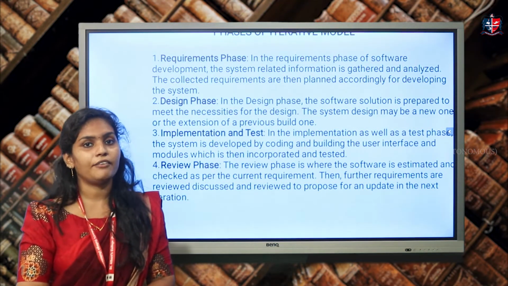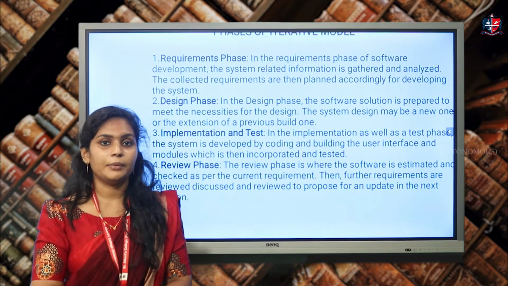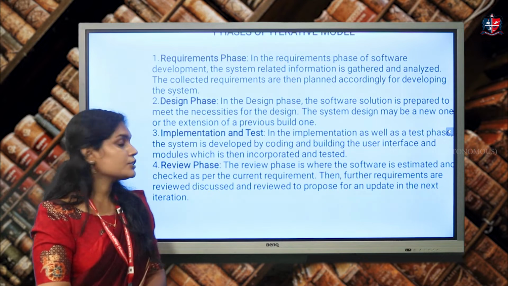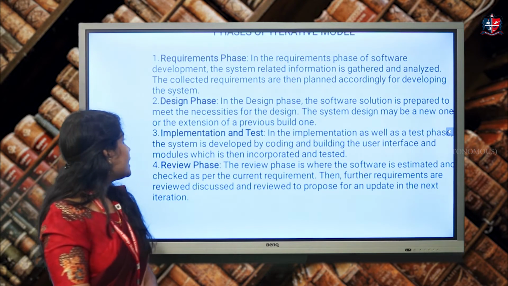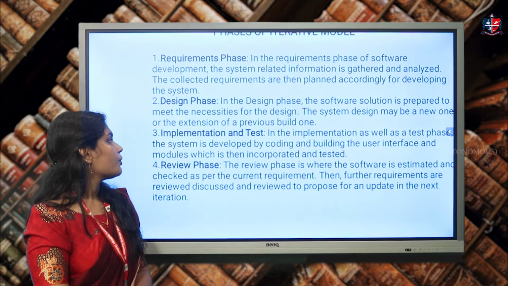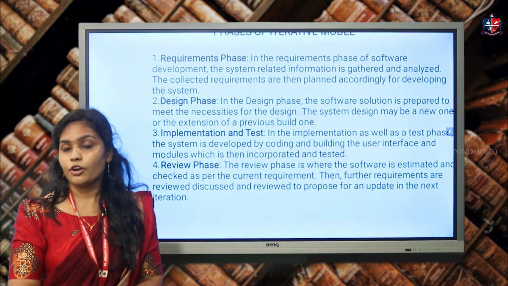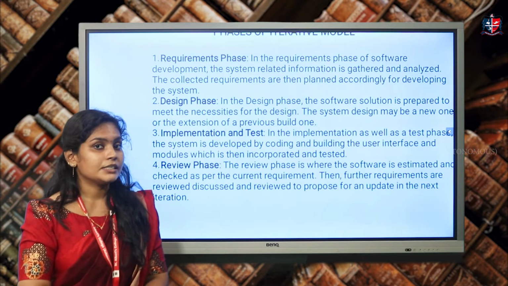In this phase, the developer will fetch the data from the customer. That means the requirement must be fetched by the developer. The collected requirements are then planned accordingly for developing the system. So, the collected requirements are used by the developer to develop the system.